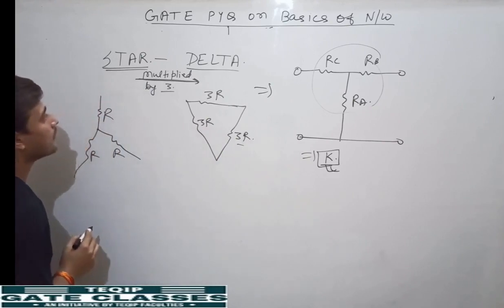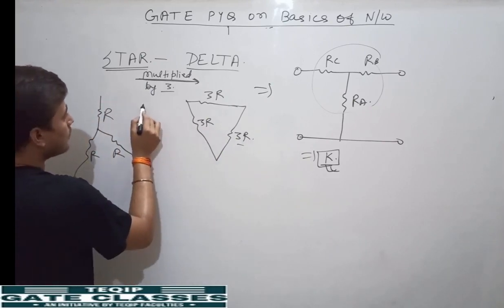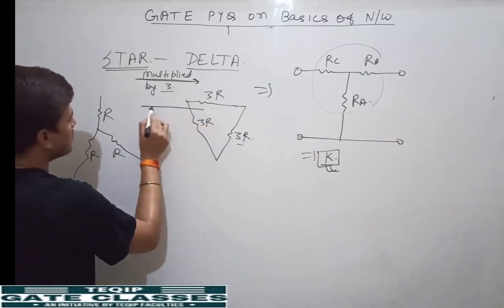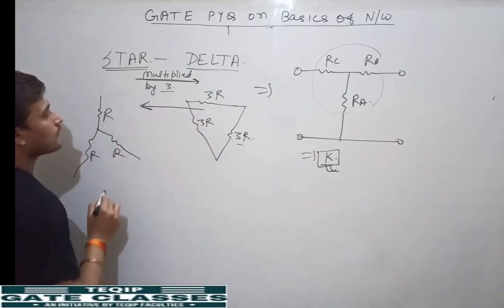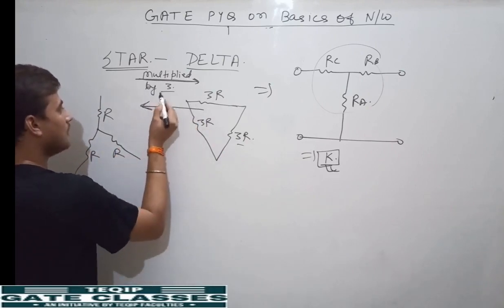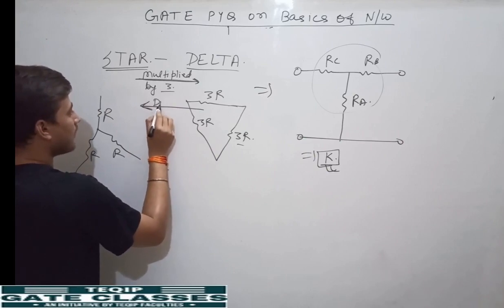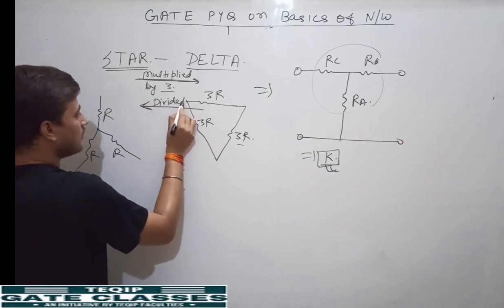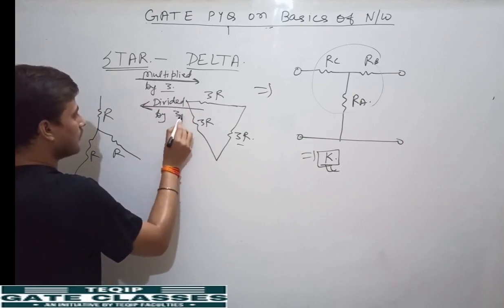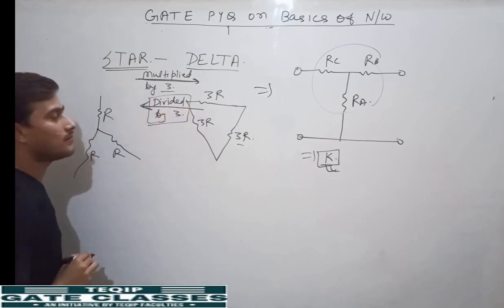If you are coming from delta to star, the resistance will be divided by 3.